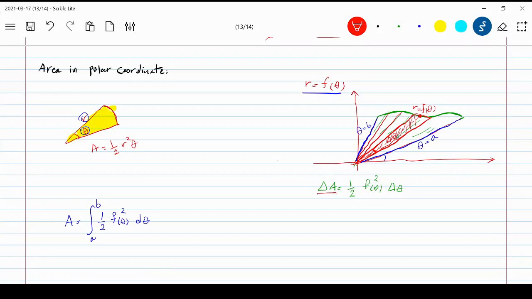And as you let the number of sections be more and more, your approximation becomes better and better. So if you take a limit and sum up all of those, you can write it as an integral.